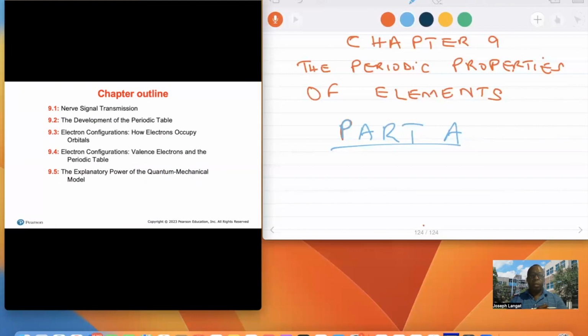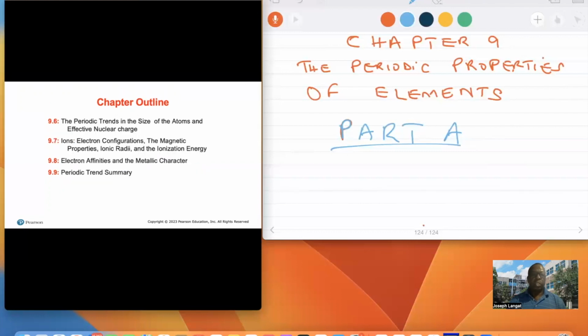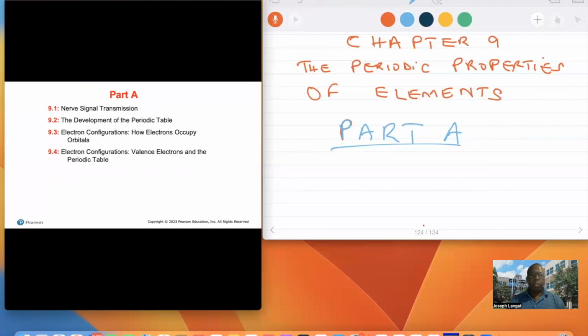However, I will not go all the way in one session. The lecture is split into 3 parts, part A, part B, and part C. We'll start with part A, and in part A, we will cover sections 9.1, 9.2, and 9.3 before we shift gears to part B and part C.